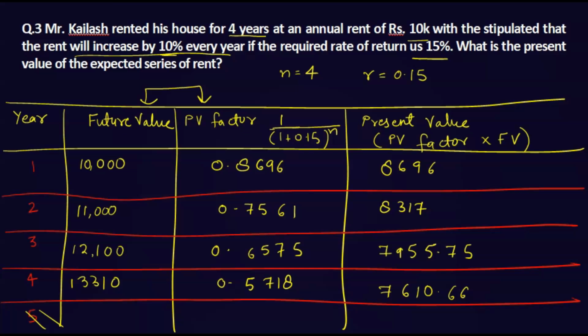For each year you find the present value, and then you can add all the present values. You can add all the future values and all the present values, and you will get accumulated values for future and present. Like this you can find the future value and present value of an annuity. This is the present value of annuity method.